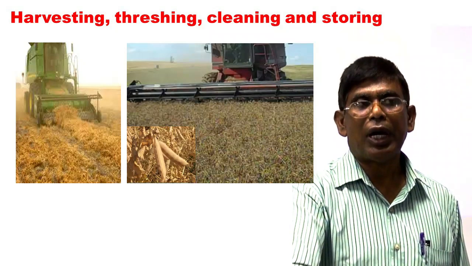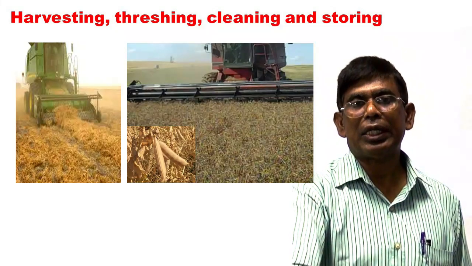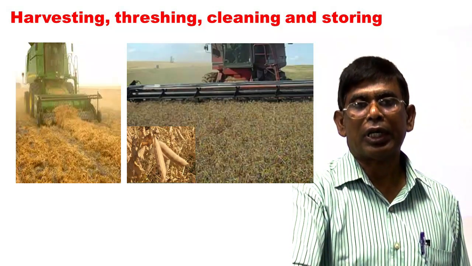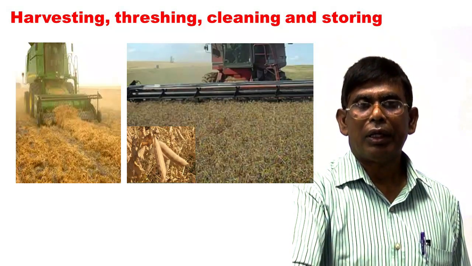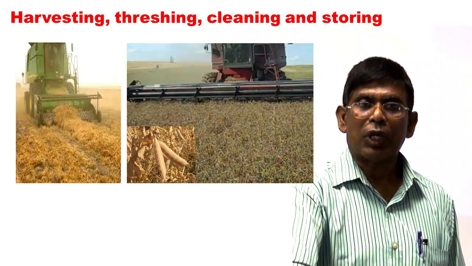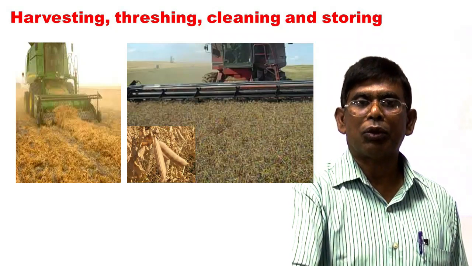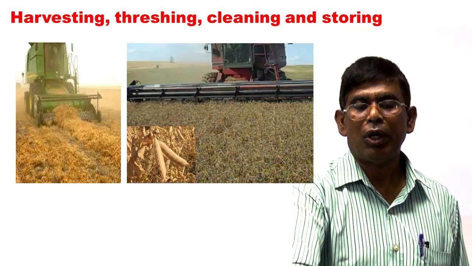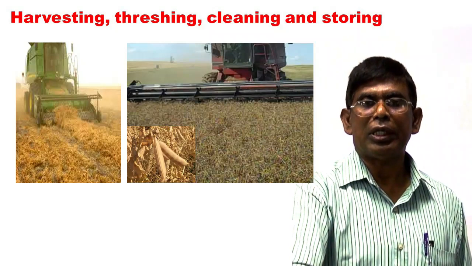It can also be harvested mechanically. Nowadays mechanization is going faster, so you can harvest through a mechanized way. Then you have to dry the grains so that the moisture content of the grain is reduced to 10 to 12% for storing.